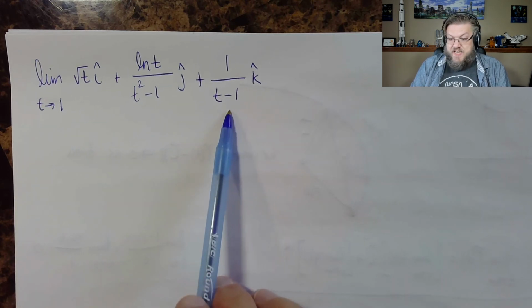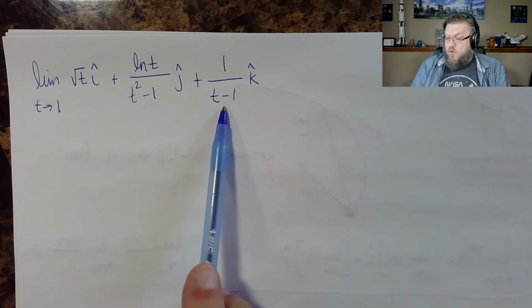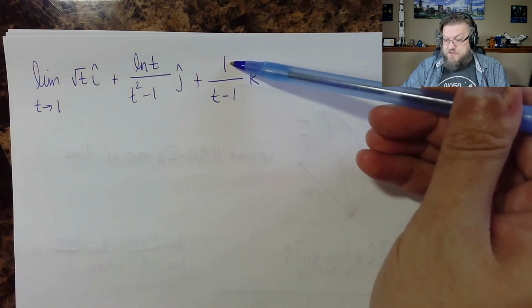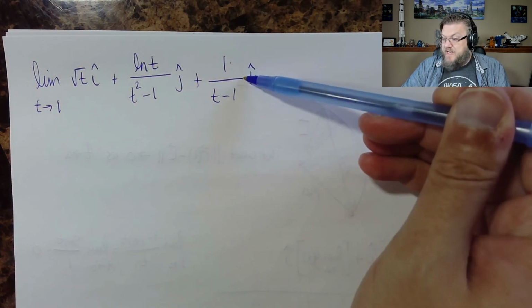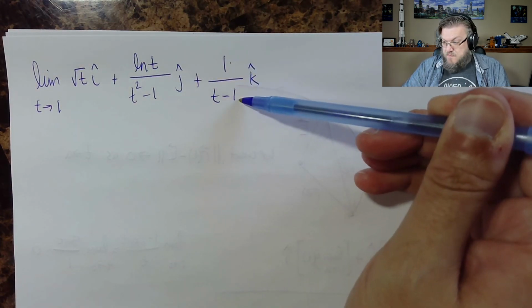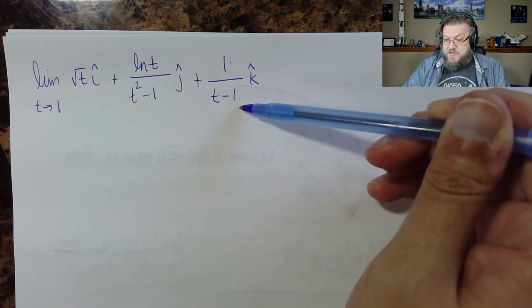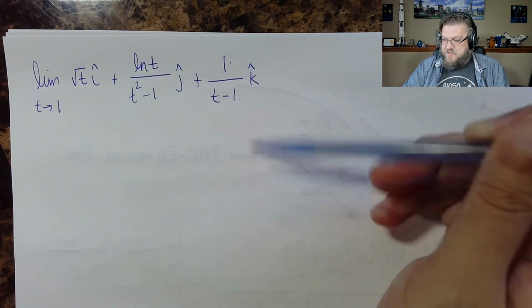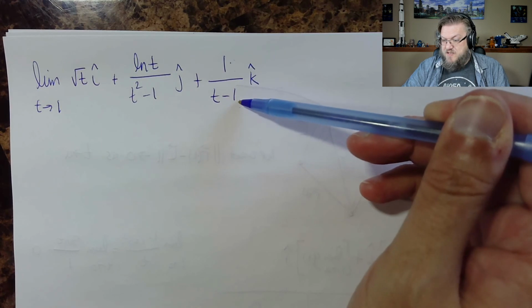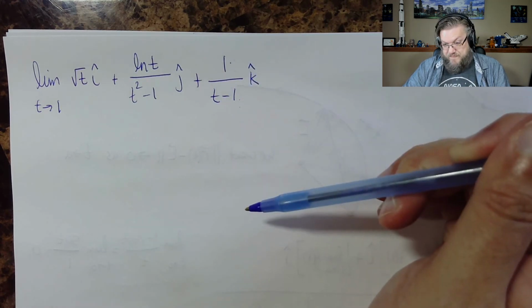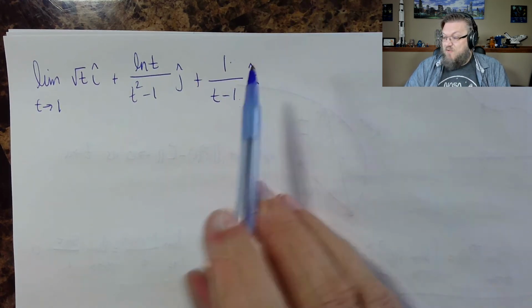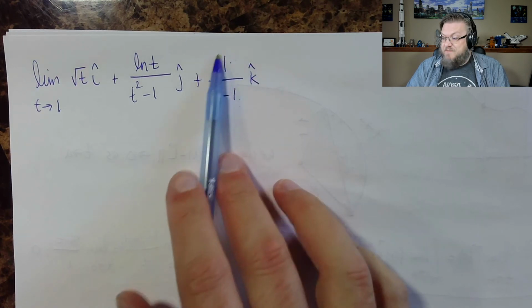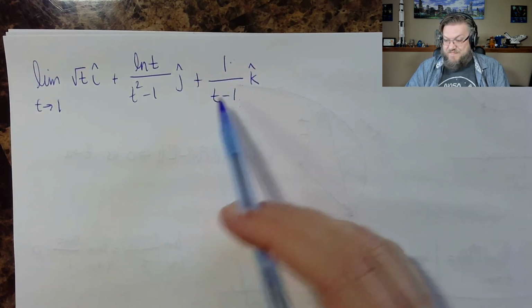Look at this k term. As t goes to 1, I'm getting a non-zero 1 divided by something going to 0. 1 divided by something going to 0 is going to infinity, isn't it? 1 divided by small, small, small gets big, big, big.